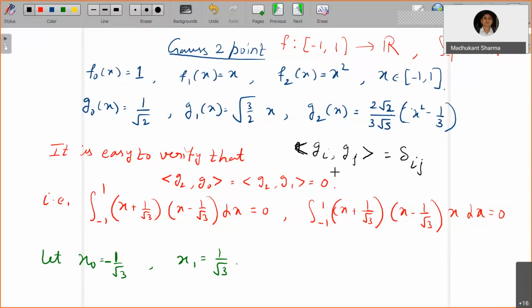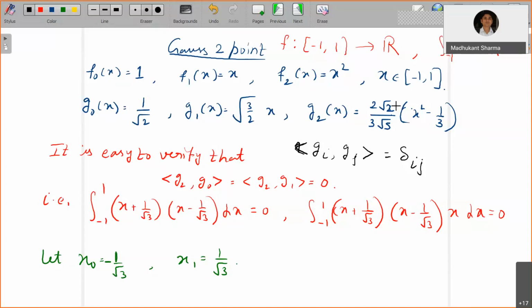So we have got g2, given by this quadratic, which is orthogonal to the constant polynomial as well as to the linear polynomial. So the first result, the inner product of g2 with 1 being 0, implies this following: x square minus 1 by 3.